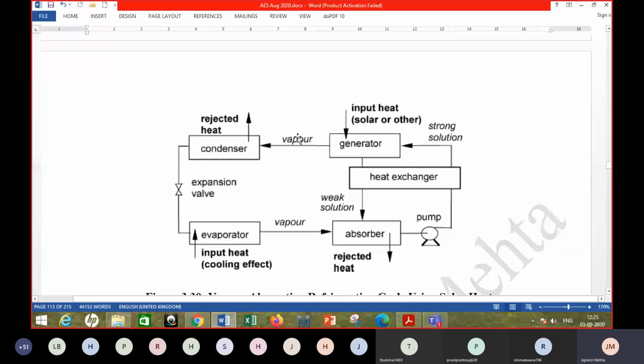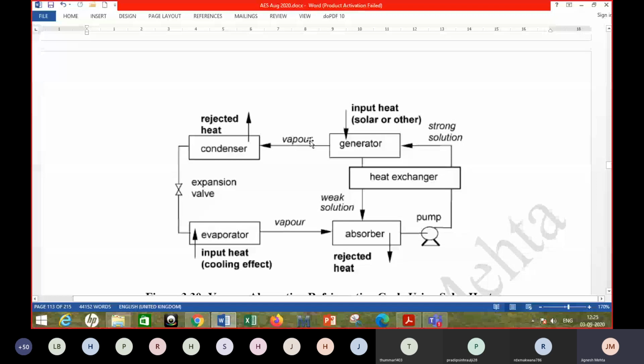So why we are talking about vapor absorption refrigeration system is that here the main energy input is in the form of heat, which can come from solar energy. So you can have a solar water heater, right, and provide the heat here into the generator, and you can run this vapor absorption refrigeration cycle.